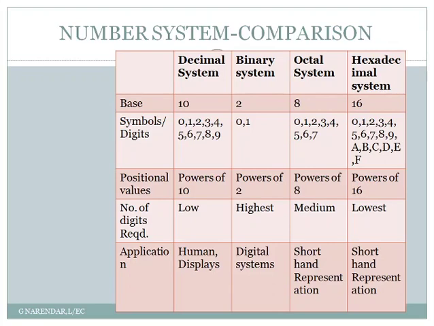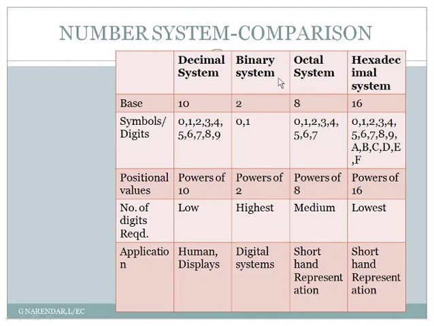Among these four systems, the hexadecimal system has the highest base. That means it has the highest number of symbols to write any given number. So it requires the least number of digits to represent any quantity.